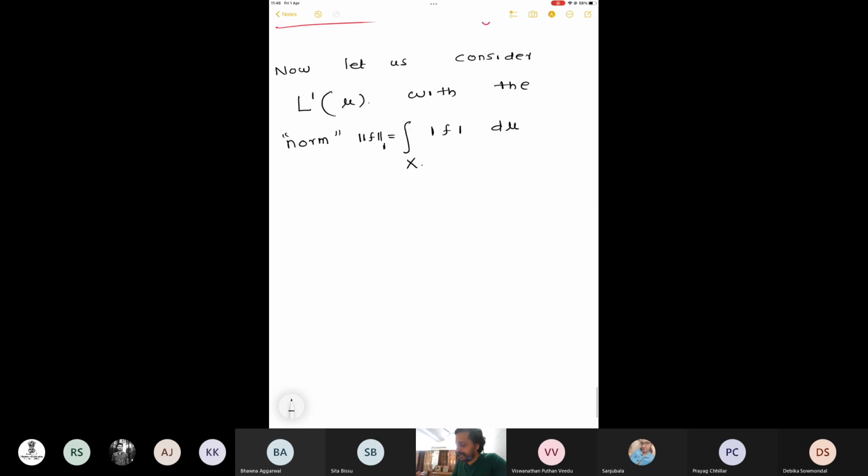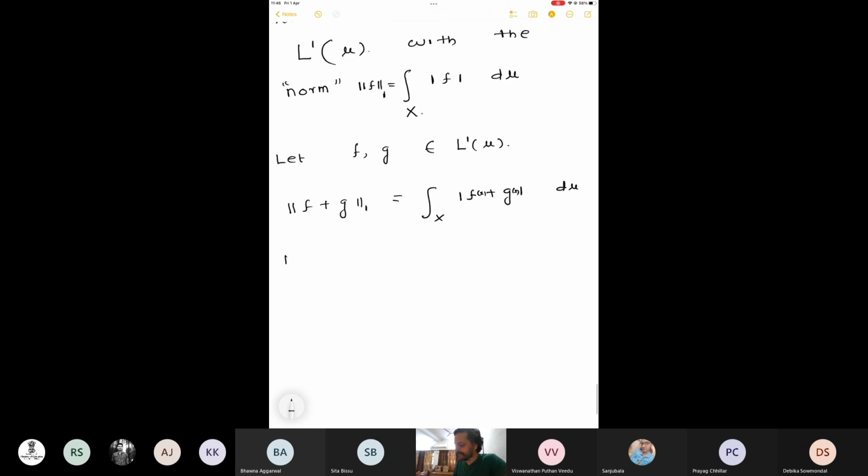Let us see. Let f, g be in L1 mu. Then norm of f plus g in 1 will be equal to, by definition, integral over x of mod f plus g d mu. If you want, you can put f of x and g of x.